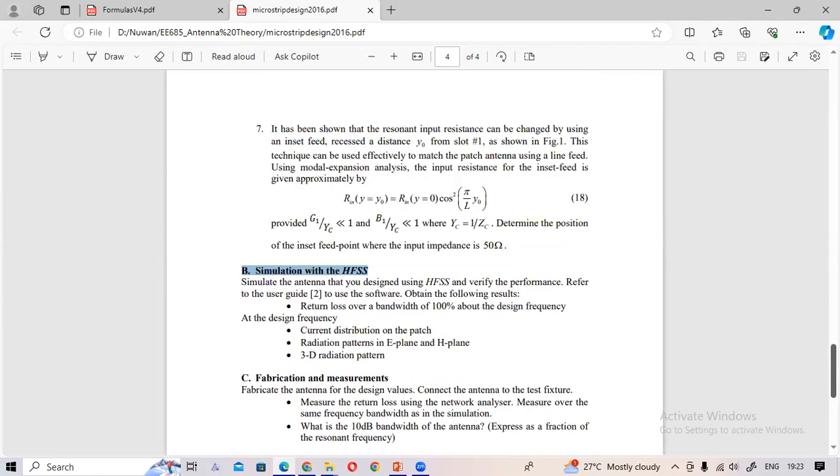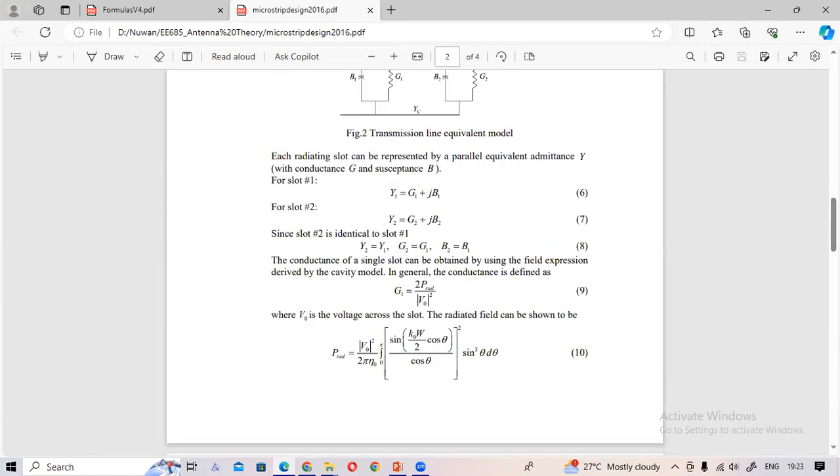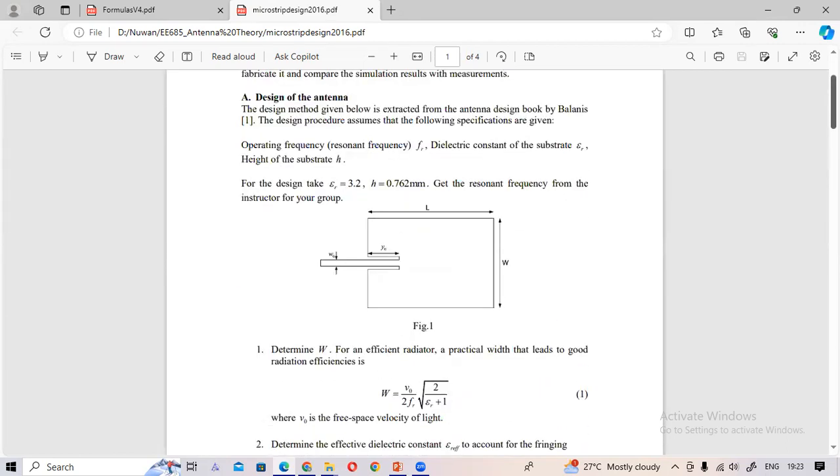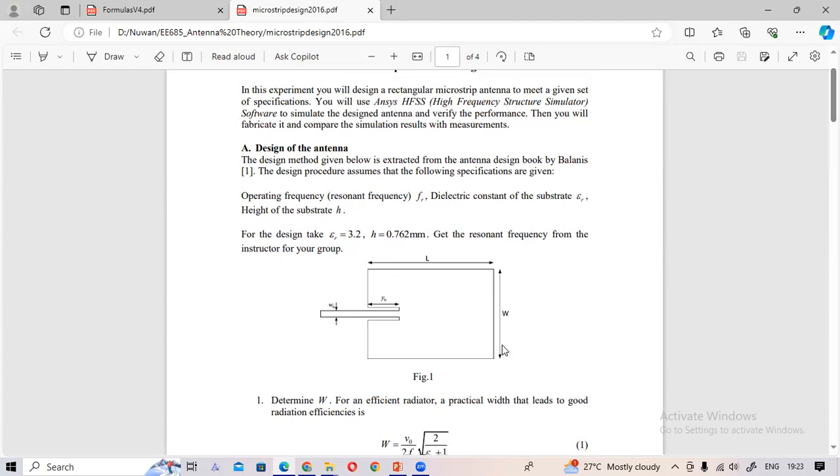But this designing things sometimes come to the exam. Don't worry, you need not keep any of these equations in your mind. But you should be familiar with these equations and you should be able to use them whenever you need to use them.